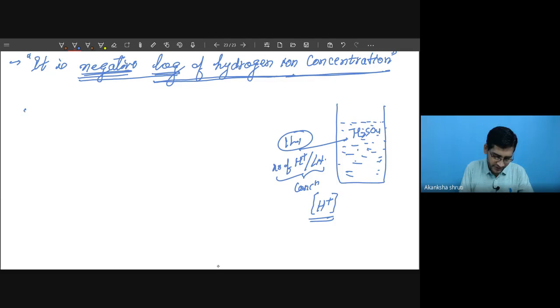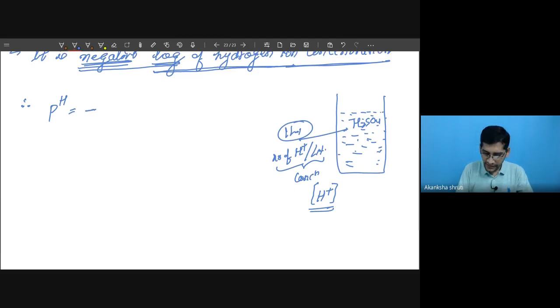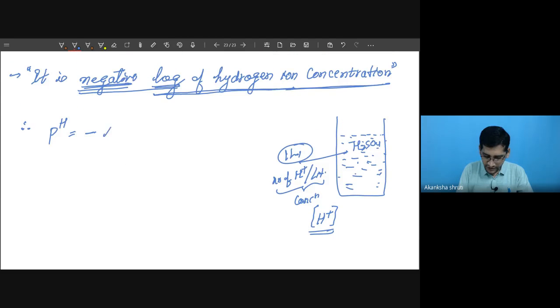So therefore write down, pH is given by negative log, negative means you will put this minus sign. Okay students, log is the scale. Why is the log scale used?